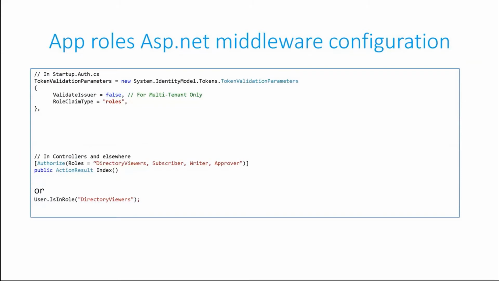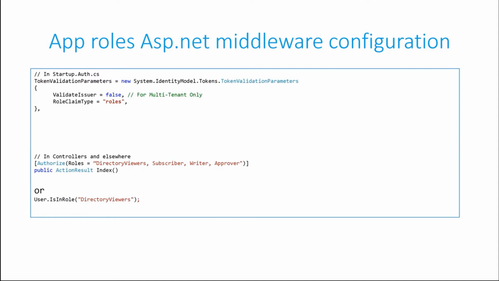So the couple of slides here that I have provided are for ASP.NET developers who are very familiar with the authorize attribute and the new authorization policy that is being promoted by the ASP.NET Core team. The ASP.NET Core middleware has the ability to process these roles in the token automatically.